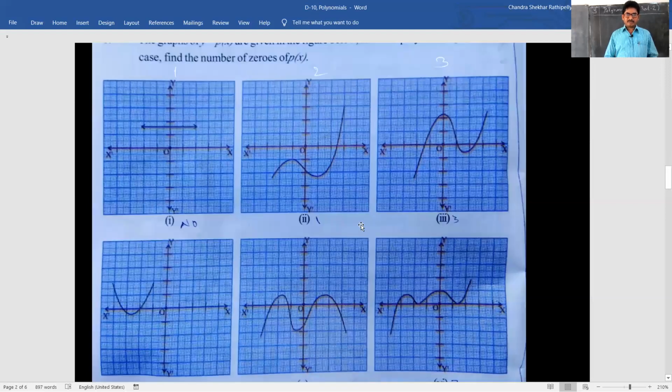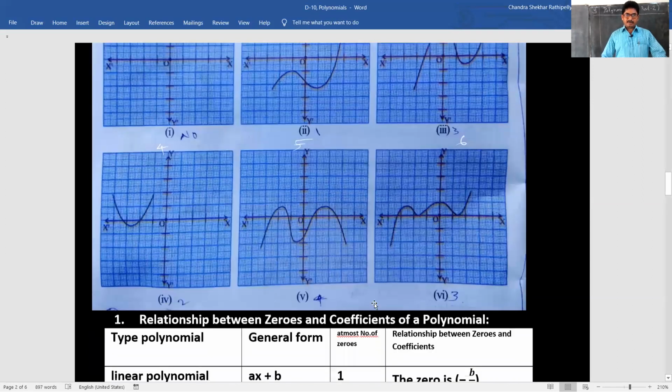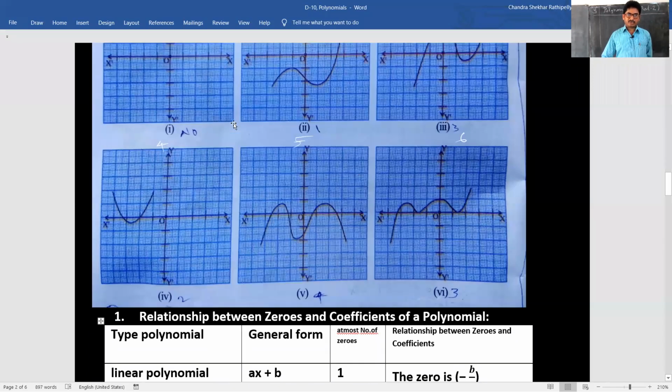Fourth one, 2, sir. Very good. Fifth one, 4, sir. Sixth one, 3, sir. Yes, very good. I mentioned here down: no zeros, it has no zeros.